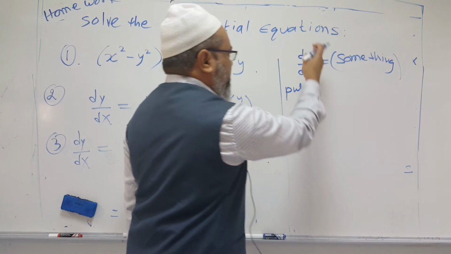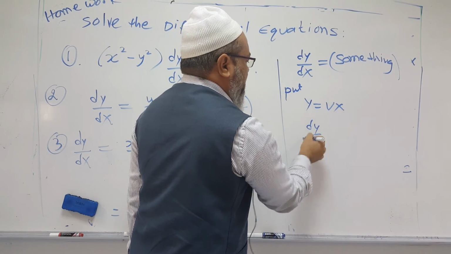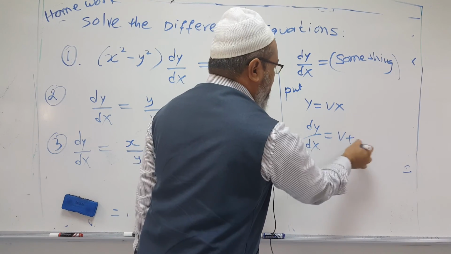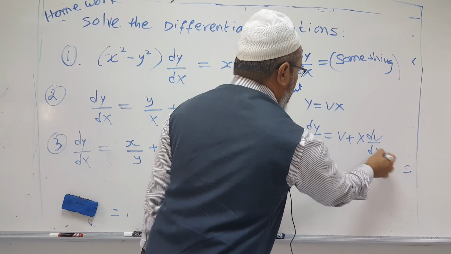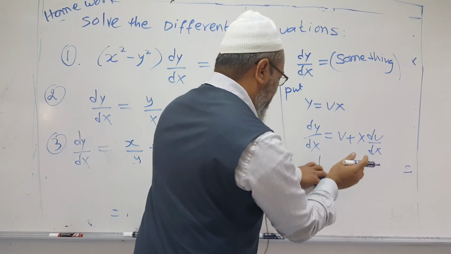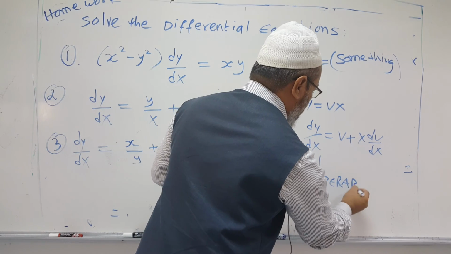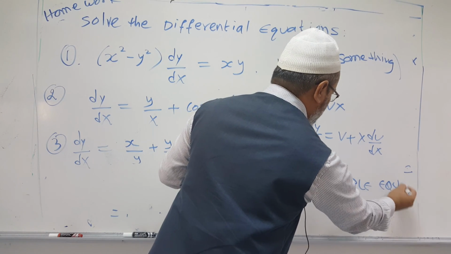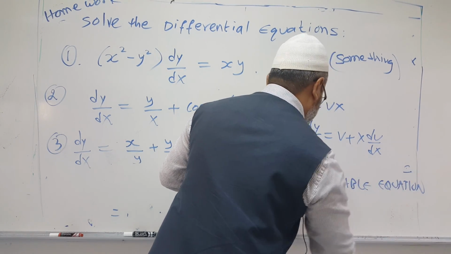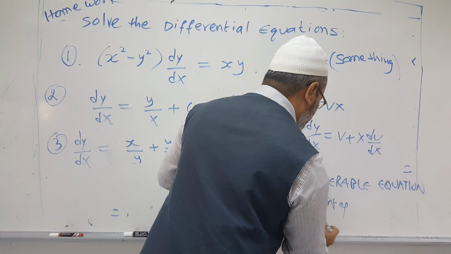Here anything maybe, but one side only dy by dx. Next put y equals vx and dy over dx equals v plus x dv over dx. Next the differential equation becomes a separable differential equation. Next integrate both sides and put v as y over x.